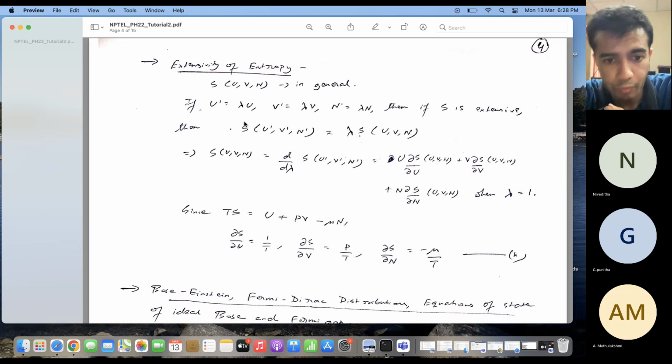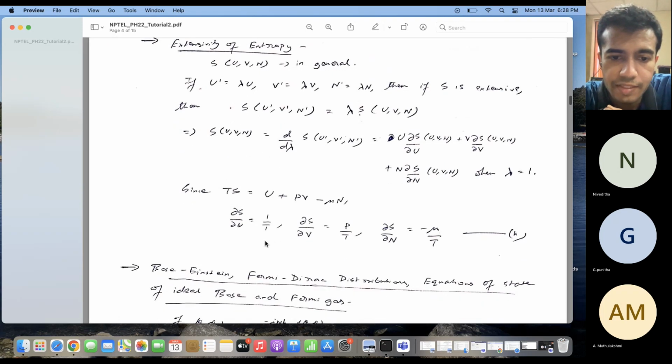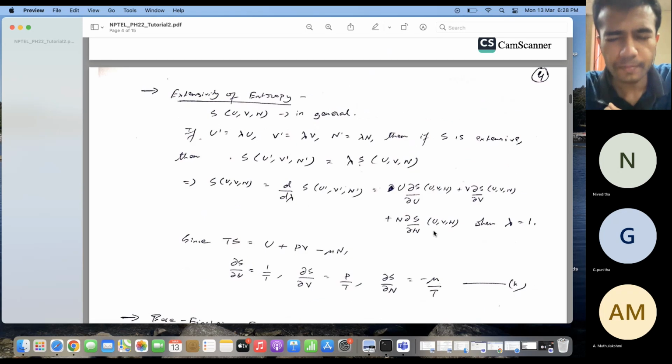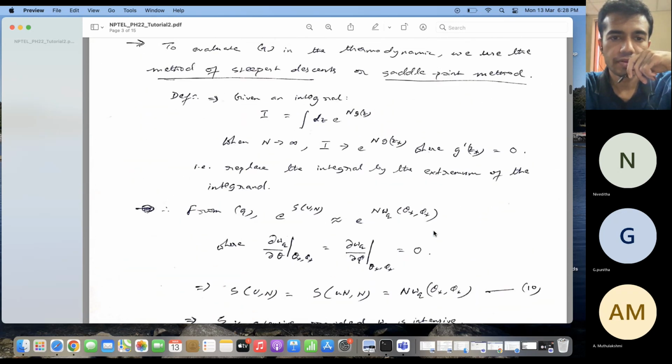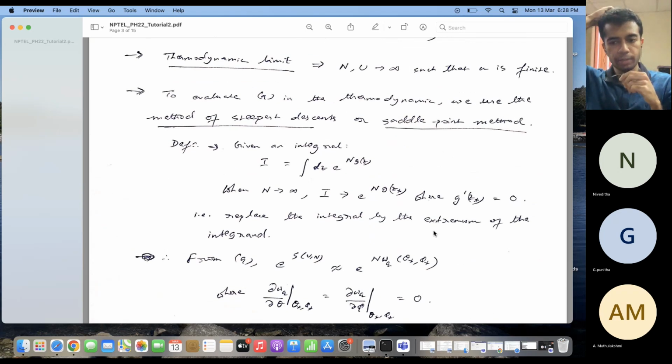You can take a look at it if you want. So basically from the extensivity of entropy, and if I use the first law, then I get these important relations that del S del U is equal to 1 by T, del S del V equal to P by T, del S del N is equal to minus mu by T. Okay.